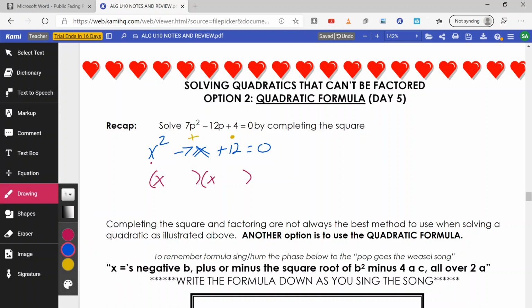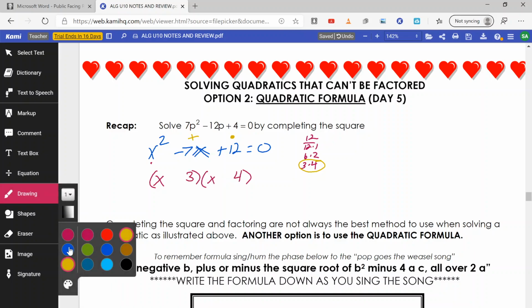So we list off factors of 12. We have 12 times 1, 6 times 2, and 3 times 4. If I look at these three pairings, the only way I could possibly get 7 is if I use that last pair, 3 and 4. Now we also have to remember we are multiplying to a positive 12, so we are either going to have a positive times a positive or a negative times a negative.